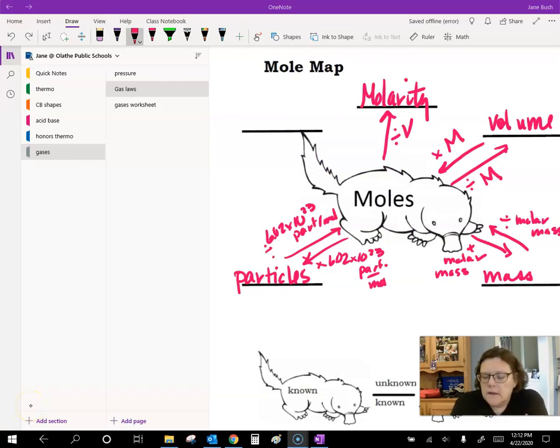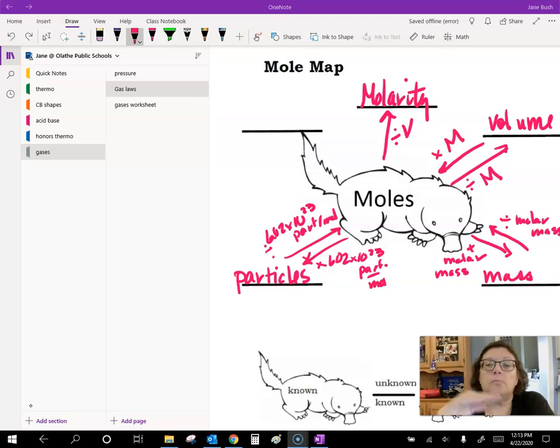All right, now we need to pull out the mole map because we need to do the last corner. I think when we did notes on moles, I had you fill this in. If you still have your cardstock one, or if you just want to make a new one, this is the last bit of the mole map.